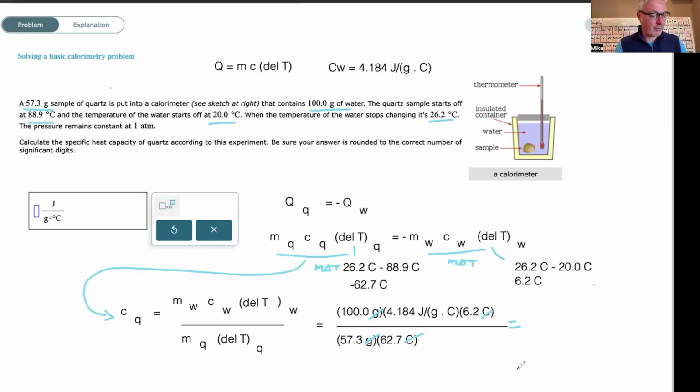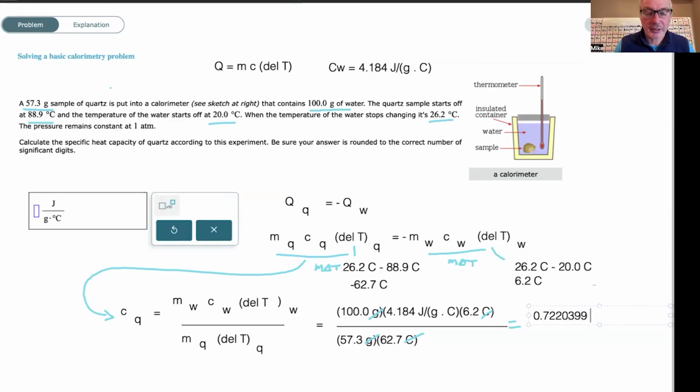So 100.0 times 4.184 times 6.2, divided by 57.3, divided by 62.7. And I was wrong. I guess quartz is lower in heat capacity than aluminum. That's me just trying to show off about how much I know.